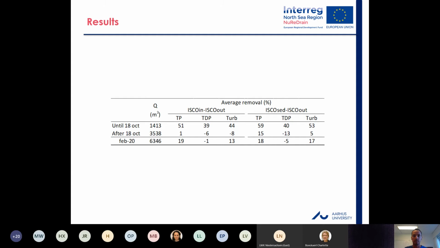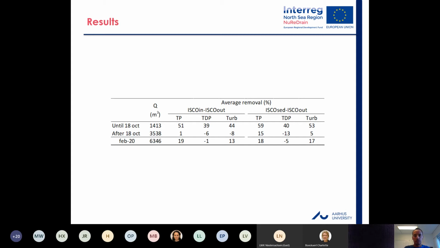Here is a summary table, which shows the average removal in percentage for different time periods. I divided the time period from the start until the breaking point, which was the 18th of October, and then the following time period. Additionally, I reported the data from the entire month of February 2020.